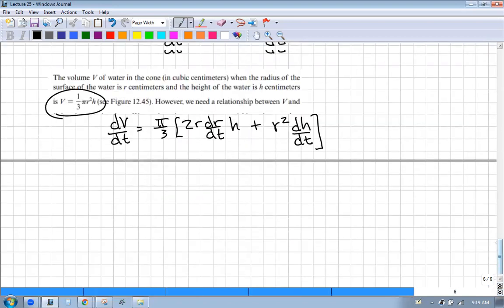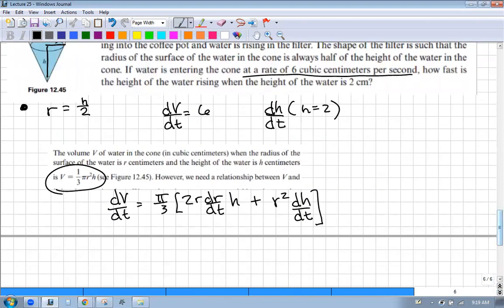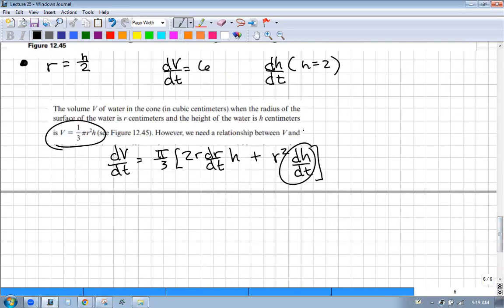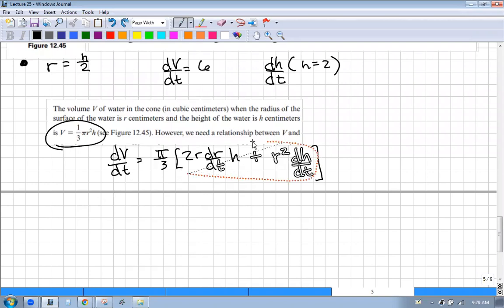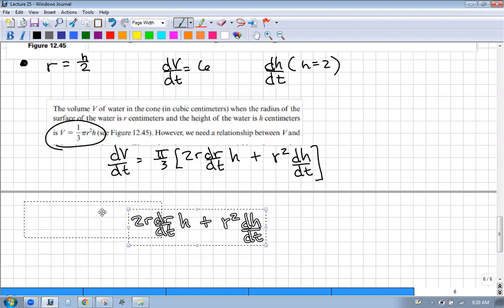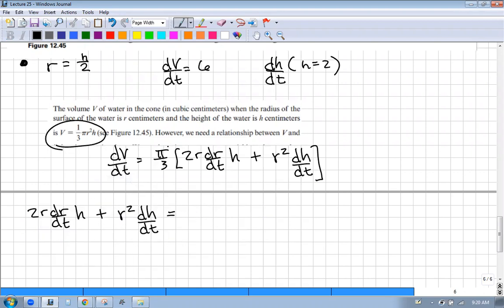Okay, what do we want to find out? dh/dt. Here's dh/dt. Okay, so let's get this thing by itself because that's what they want to know. So let's see. I guess we'll do it one step at a time so we don't screw it up, right? So we'll have this be equal to 3 over pi dV/dt.